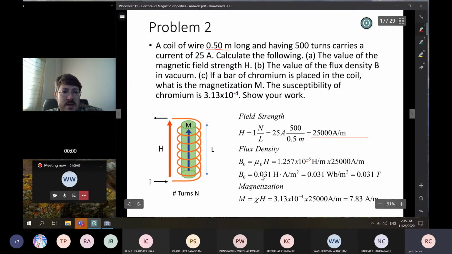B naught is 0.031 henry amps per meter squared. A henry amp is a weber, and a weber per meter squared is a tesla. All right, so 0.031 tesla. As long as you had a unit that looks something like this, that was okay. They're all correct, but most people would just say tesla.